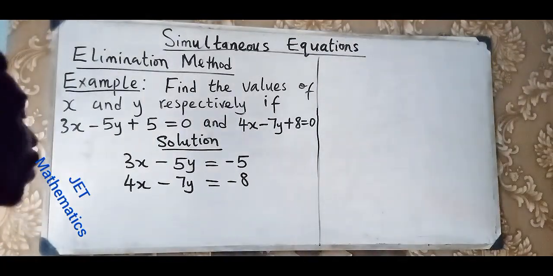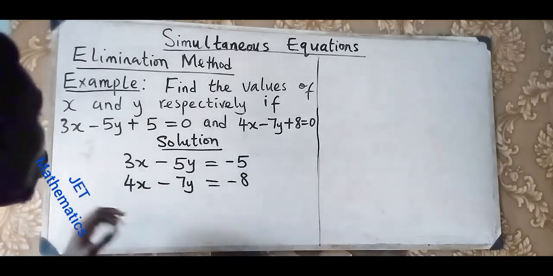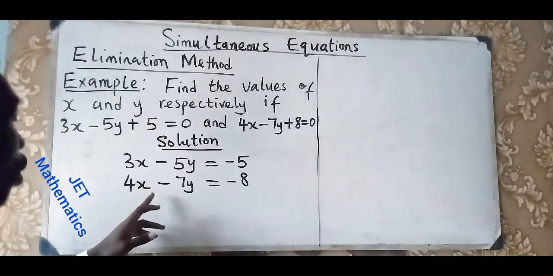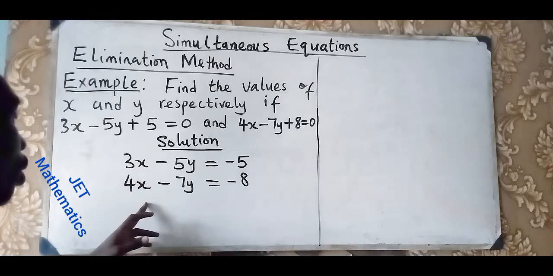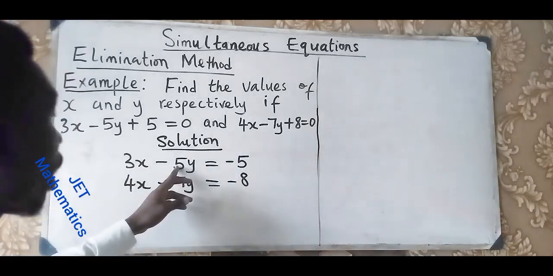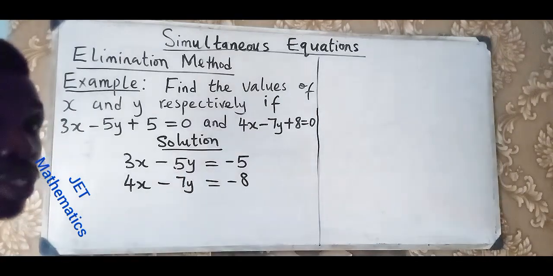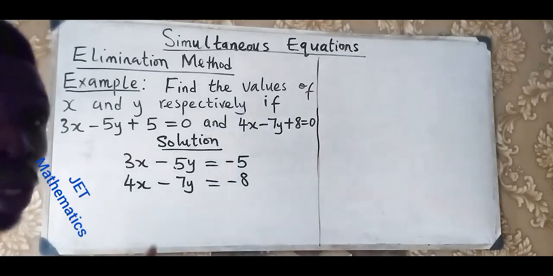Now the first thing we'll do in solving by the elimination method is to make the coefficients of x in both equations the same, or the coefficients of y in both equations the same. Any of the unknowns you wish, you can do.